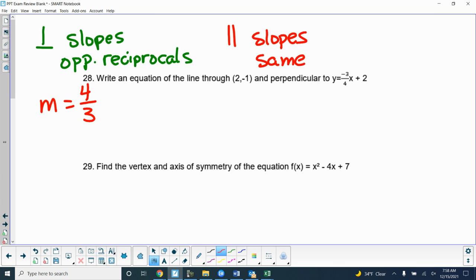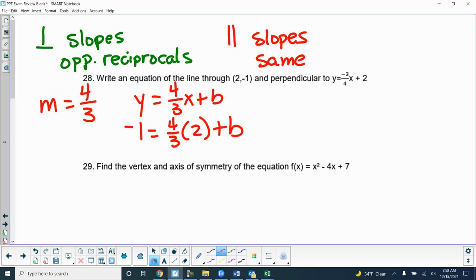Now I'm going to do the same thing I just did in the other one. All right? I can start, because I know my slope, plug in the point, -1 for y, and 2 for x, and then we're going to solve for b. Remember, when you multiply a fraction times a whole number, you put the whole number over 1. So it's just 4 times 2 and 3 times 1. So that's 8/3.